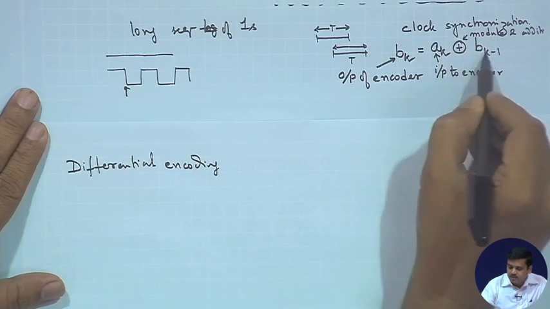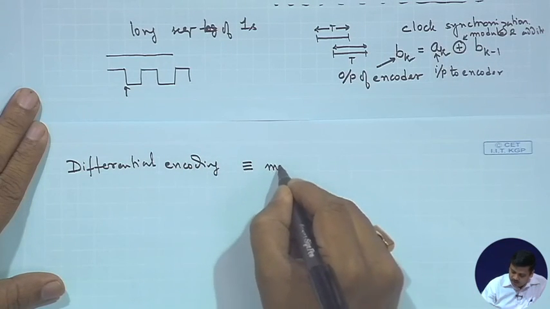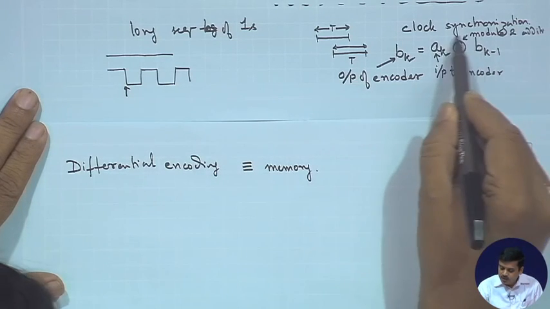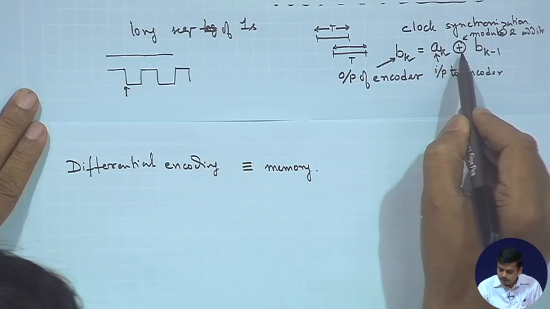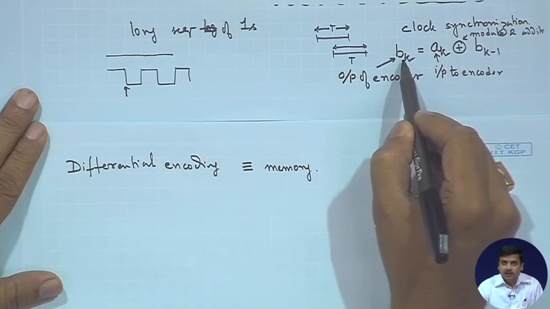The reason is the modulo 2 operation over here, and this operation introduces memory into the system, right. So, what you see over here is that the previous output is used to generate the current output.